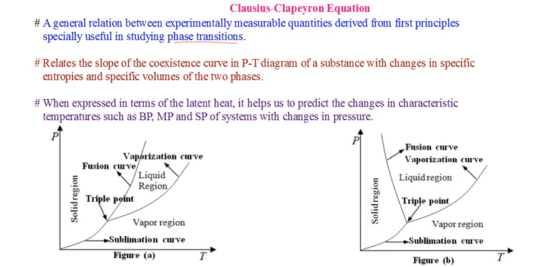As we have seen in our earlier discussions, phase transitions in general are classified into two categories. One is known as first order phase transitions, and the other is the second order phase transition.